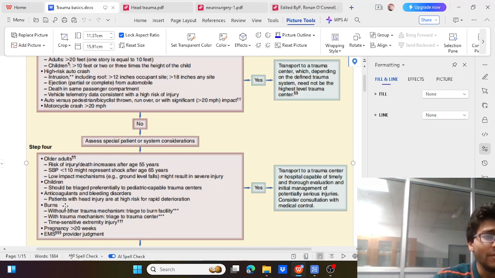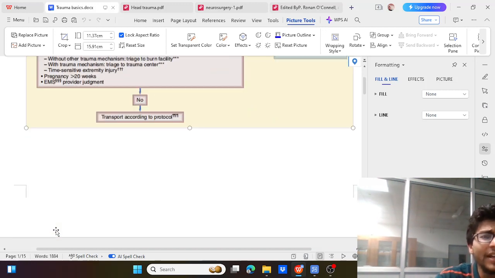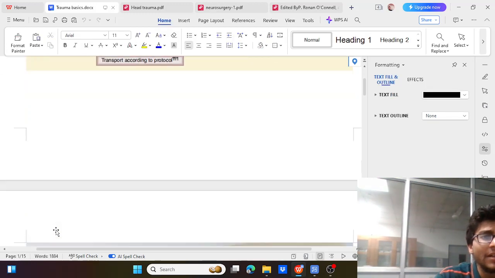Children should be taken care of. Patients who are on anticoagulants will have bleeding risk, so they should be taken care of. Burns patients also need assessment and evaluation. Pregnant patients too. In these patients, we have to transport the patient immediately to the trauma center.